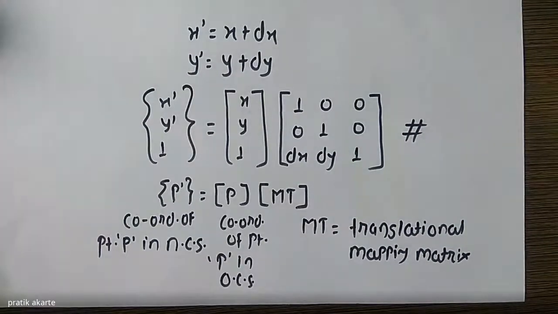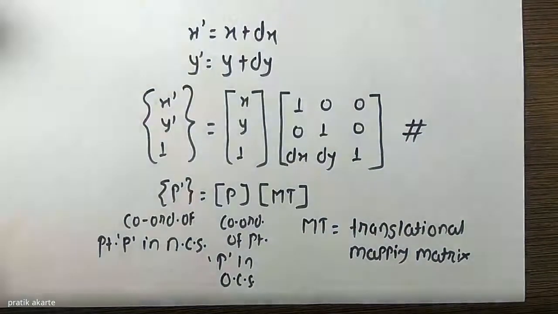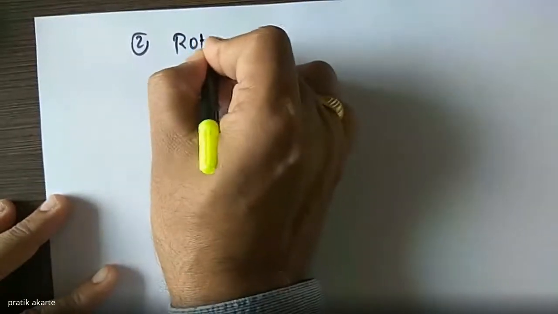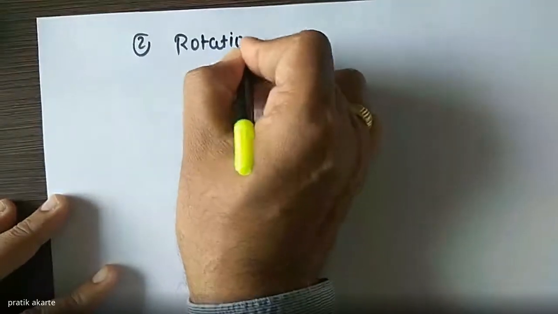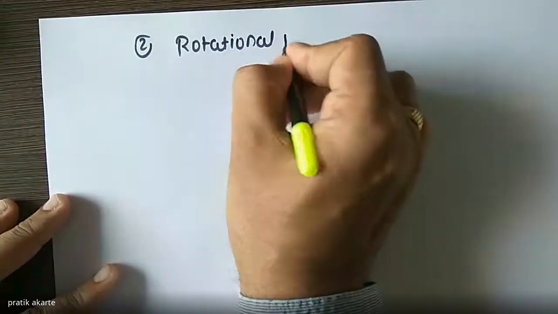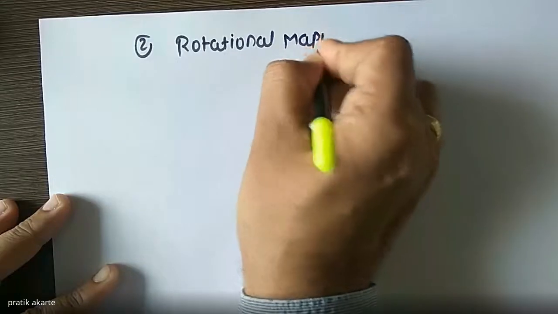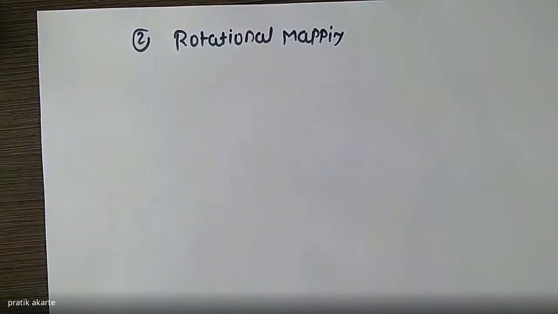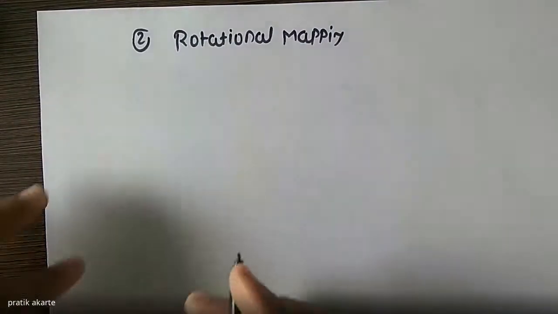Fine. Now, second is your rotational mapping. Now we know the rotational transformation, so we can easily guess what rotational mapping is. In translational mapping, the axes of both coordinate systems are parallel to each other, so that is why it is called translational mapping.